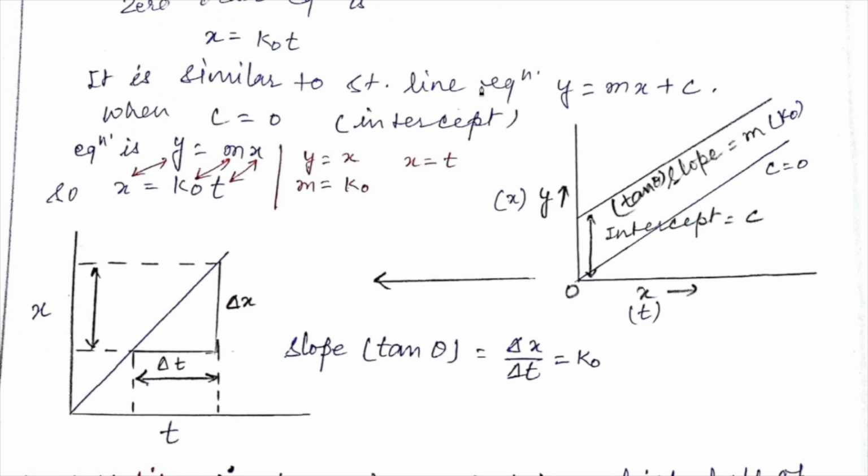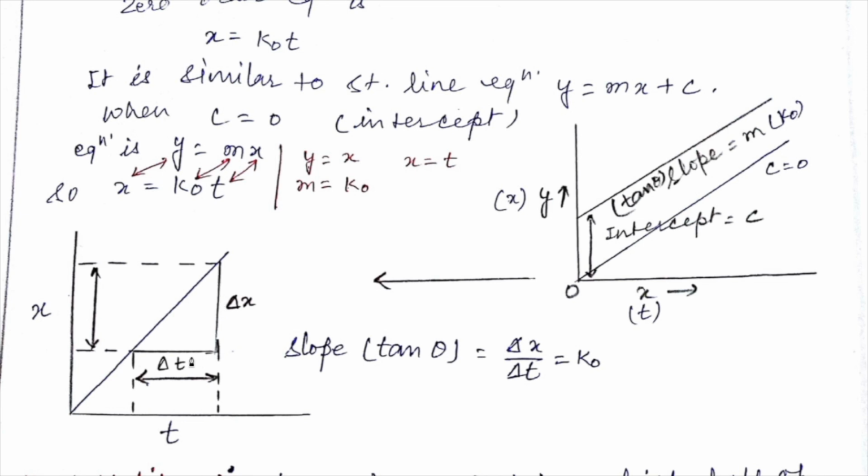Y is equal to mx. When C becomes 0, the straight line equation becomes Y equals mx. So according to our zero order reaction, Y is x, K naught is m, and our T is x. That is, if we plot a graph between x and T, we get a straight line which passes through the origin. The slope of the line, as we know, is equal to tan theta.